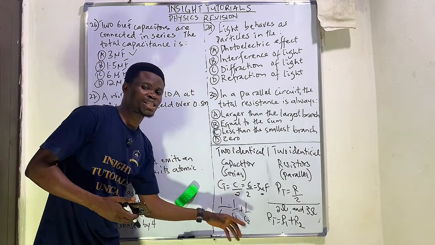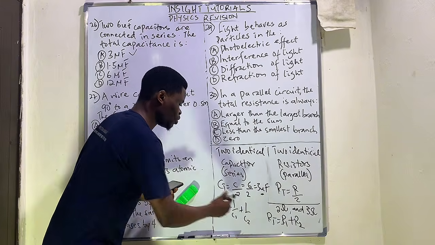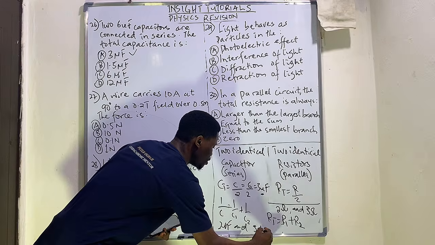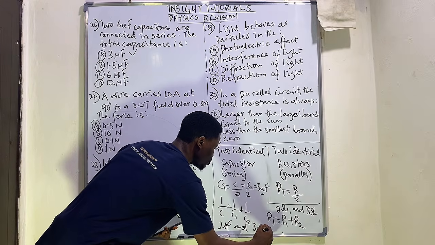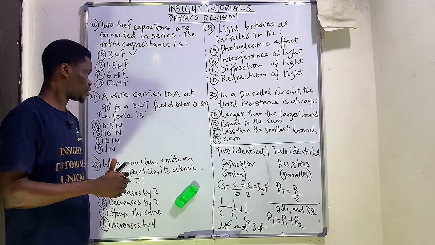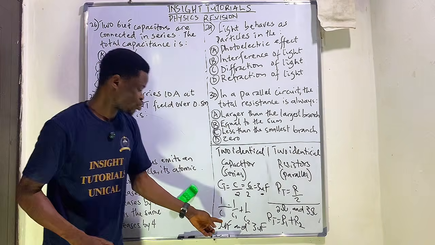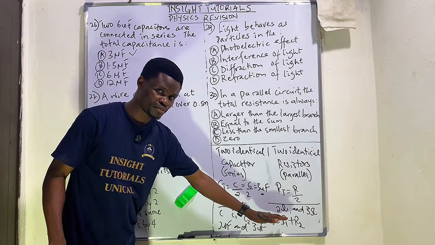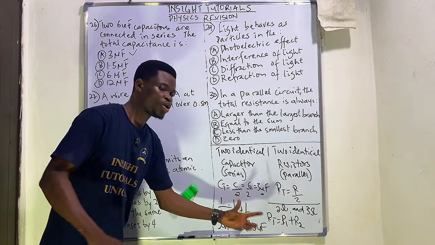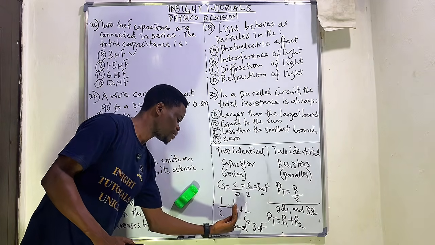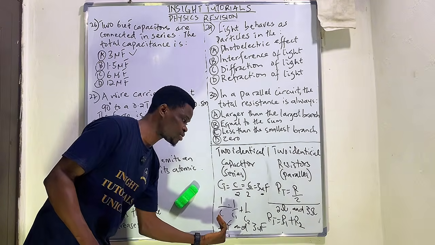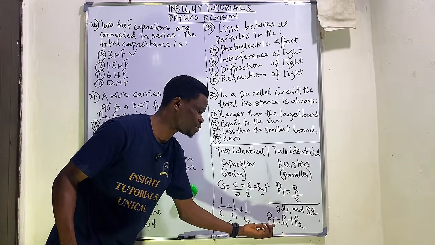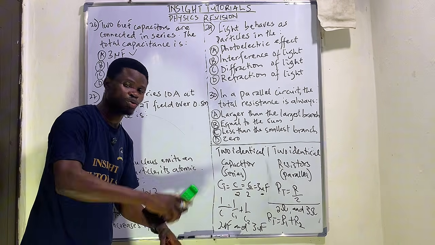Remember, dissimilar. Let's assume what we have here now is 2 microfarad and 3 microfarad, in series. For dissimilar resistors, if it is in series, you simply add the resistors together. But if it is in series in capacitors, you do the opposite of it.